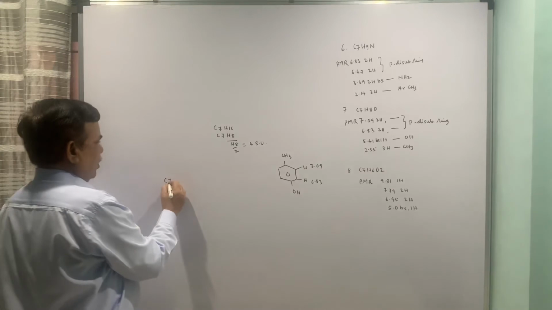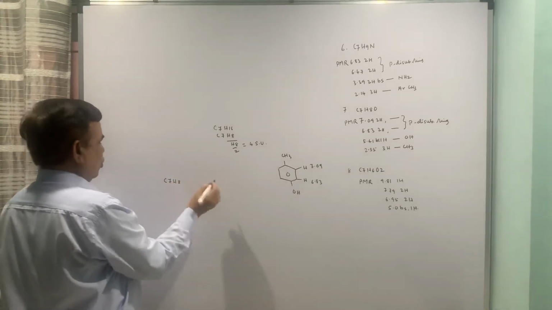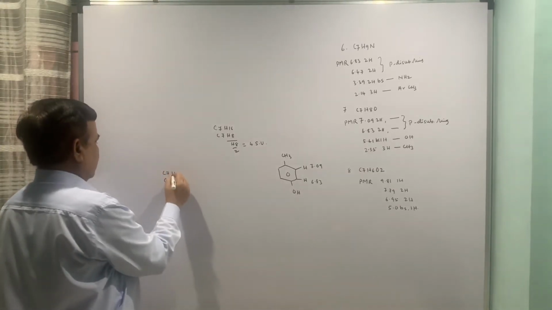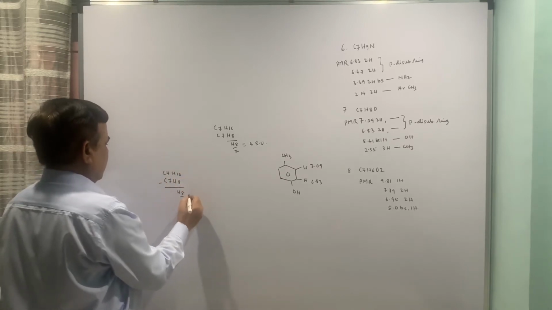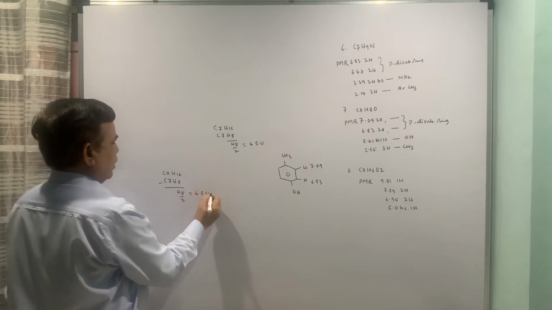The next example, C7H8O2, O2 we are neglecting, C7H16, once again 8 hydrogens are missing, 4 degrees of unsaturation.